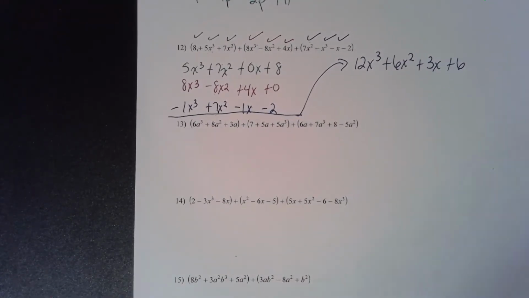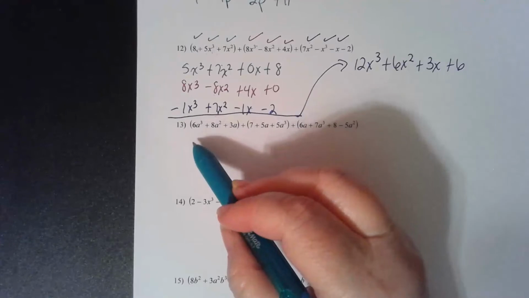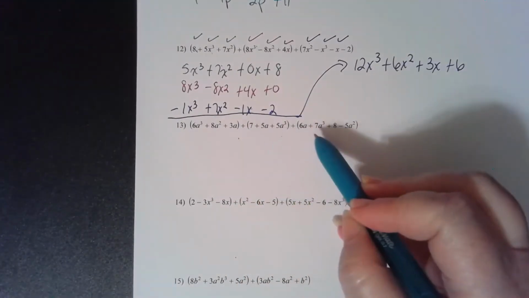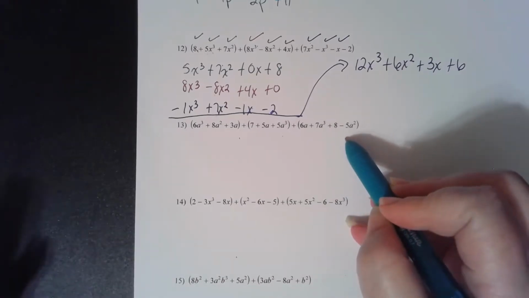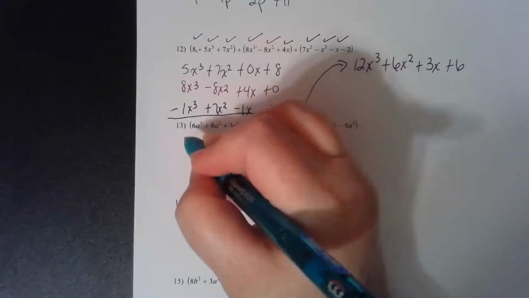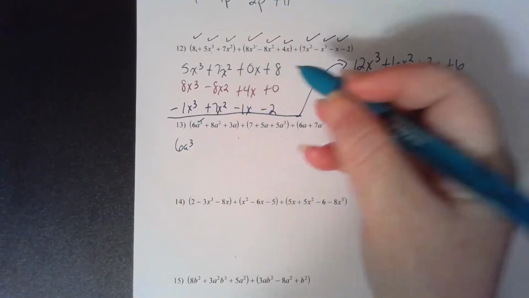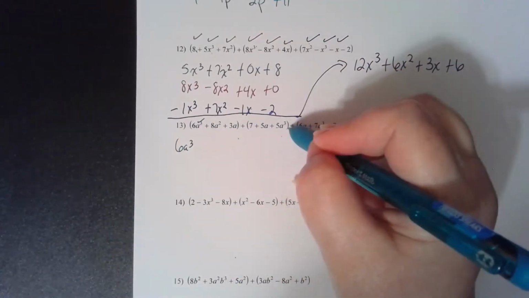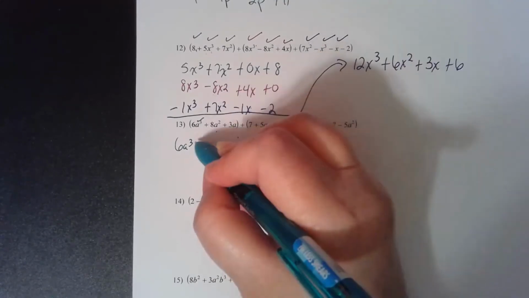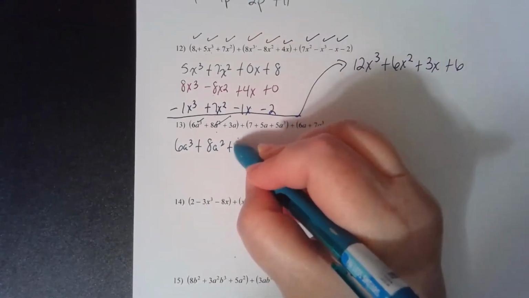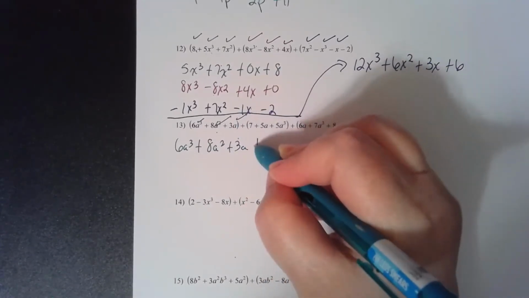So let's try it one more time. I've got a cubed, squared, first power, cubed, and cubed. So our highest power is cubed. So I'm going to say 6a cubed. I'm going to write a little bit smaller this time so I have some room here. And then I'm going to have my plus 8a squared plus 3a plus 0.